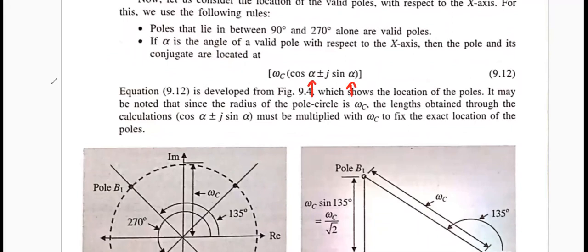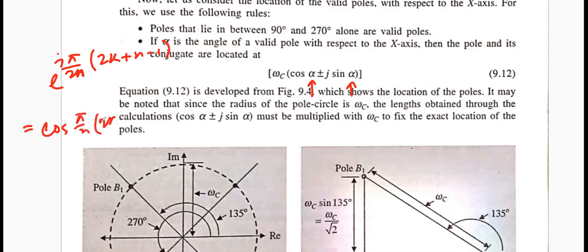If you again consider the general equation, pi divided by twice n, twice k plus n minus 1, from there we can write cos, we can take common pi divided by n, and then common twice k plus n plus minus 1, and this is the common equation. We can take only plus for the valid pole.